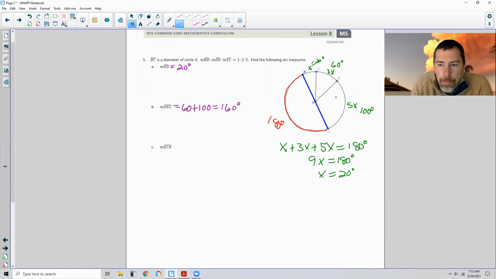So they can ask multiple portions. And now they're asking ECB, which equals 100, which is EC, and then CB, which is 180. So the total arc measure in degrees is 280 degrees.